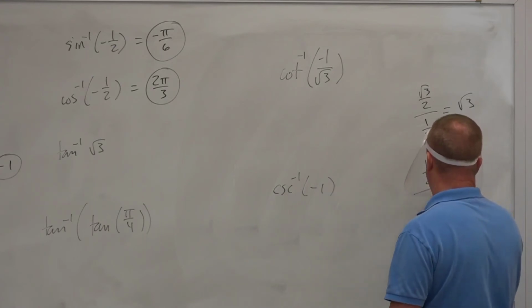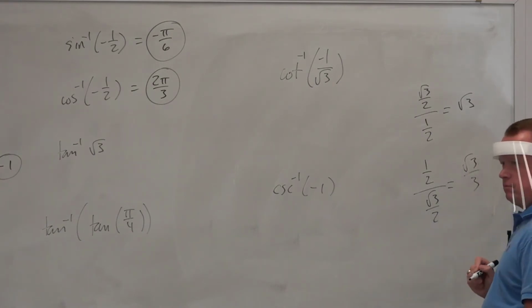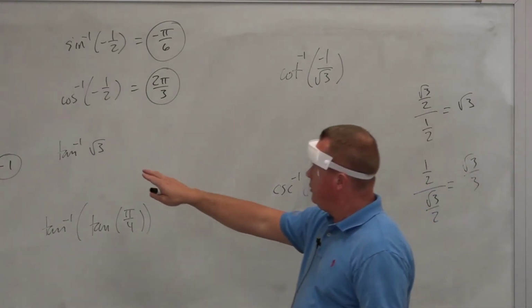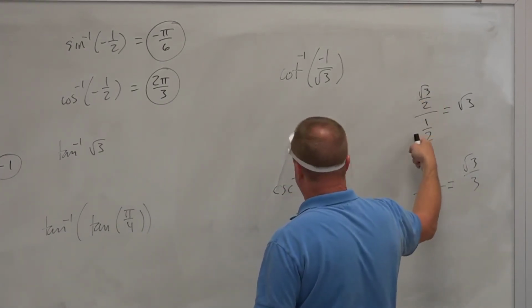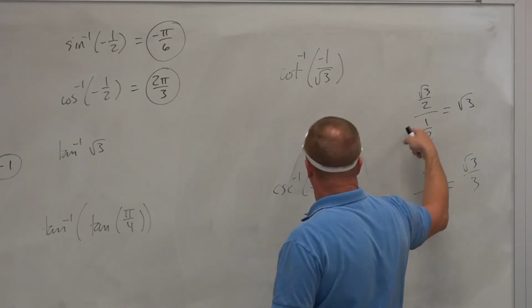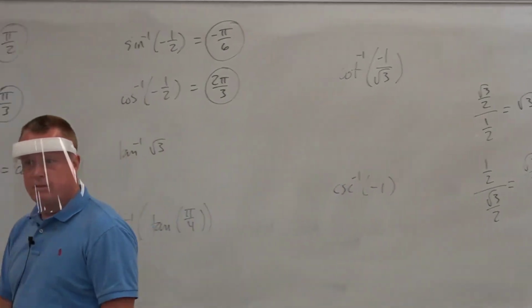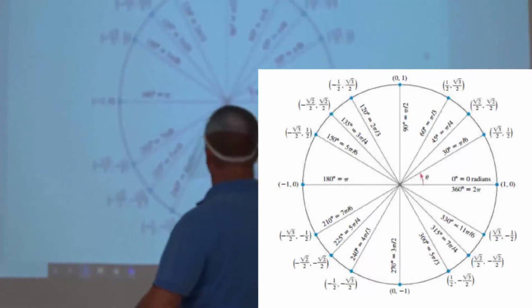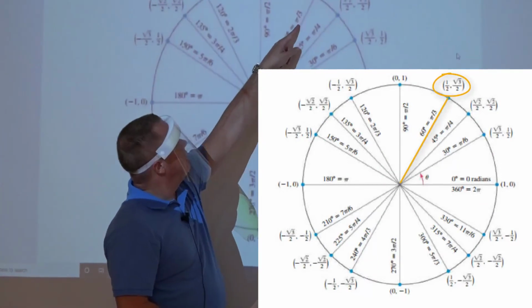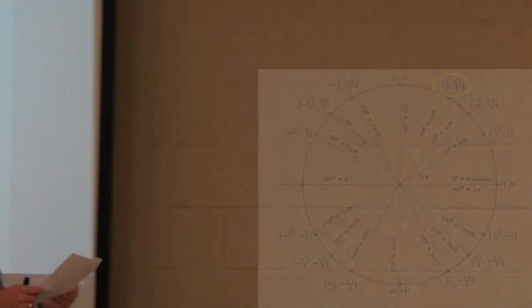If you have 1/2 divided by root 3 over 2, that reduces to root 3 over 3. So if I want root 3, the top number needs to be root 3 over 2, and the bottom needs to be 1/2. For tangent, y over x, y needs to be root 3 over 2, x needs to be 1/2. Everybody follow that? So where is the x, 1/2, and the y, root 3 over 2? Right here at pi over 3. Questions about that? So root 3, pi over 3.